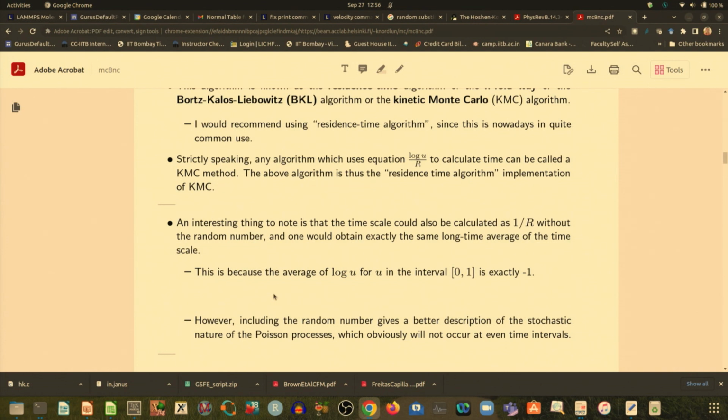And this first one is not strictly necessary. It just means that you calculate the length of this time step by introducing some randomness again, so it fluctuates. On average, this time step is 1 over the total probability.